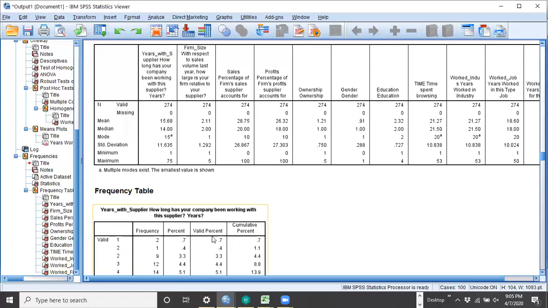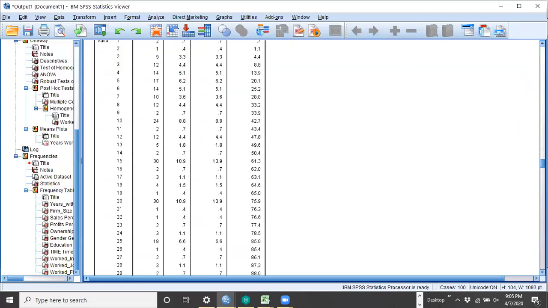Median is 14, and 15 is multimodal, meaning there's more than one mode, as you can see by this a, which tells you that there are multiple modes. You can see 15 has 30 observations.